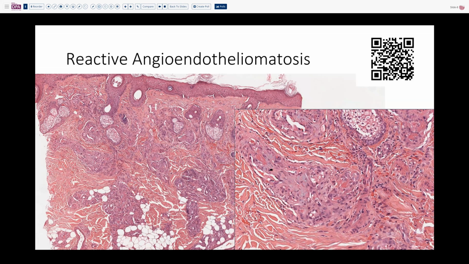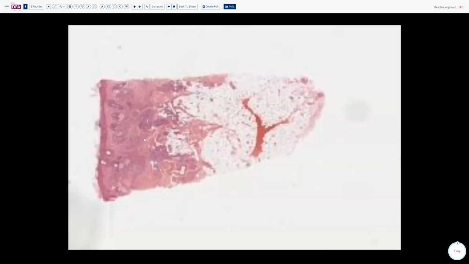And because of that, it can have somewhat variable morphologies. Sometimes what you're going to see is just thin vascular channels that are sort of built onto the background collagenous scaffolding. So here, let's take a look at one of these lesions. This is actually our target case.